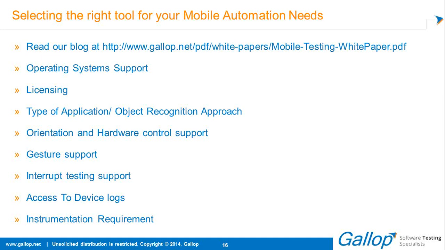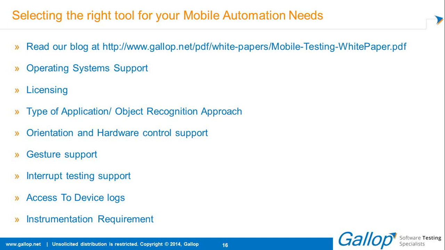Most of the commercial tools support the gestures, and most of the commercial tools, although do not support interrupt testing, there are some tools that support interrupt testing as well, where you can do a call or send an SMS and see how it functions. And most of the tools do provide access to the device logs, which are important when you are trying to file a bug after your automation suite is executed.